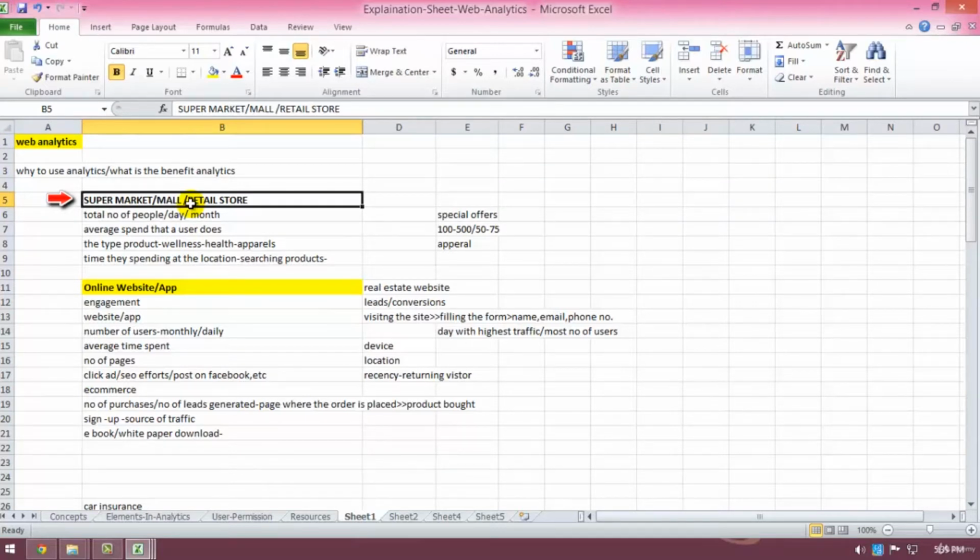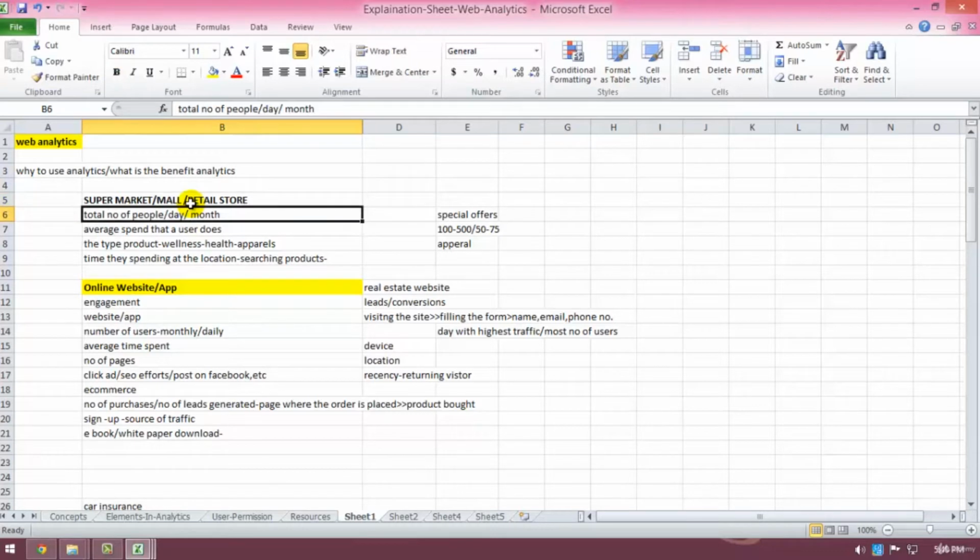If you were the operational manager, or the business head of that supermarket or mall, you would be required to know a good amount of details to ensure that your business is running in the correct direction or not.